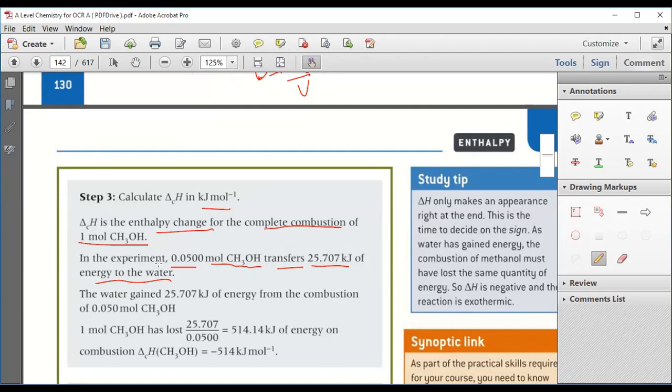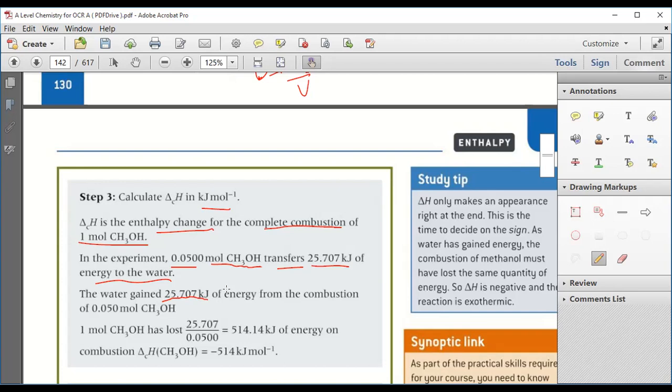So in this experiment we found that 0.05 mole of CH3OH transfers 25.707 kilojoule of energy to water. Water gained 25.707 kilojoule of energy from the combustion of 0.05 mole of methanol.